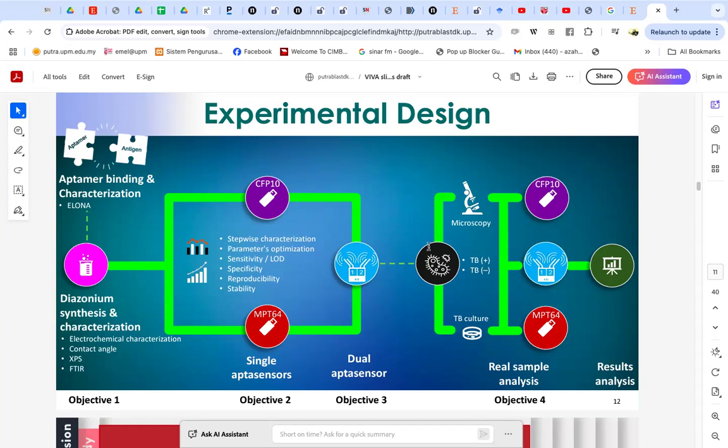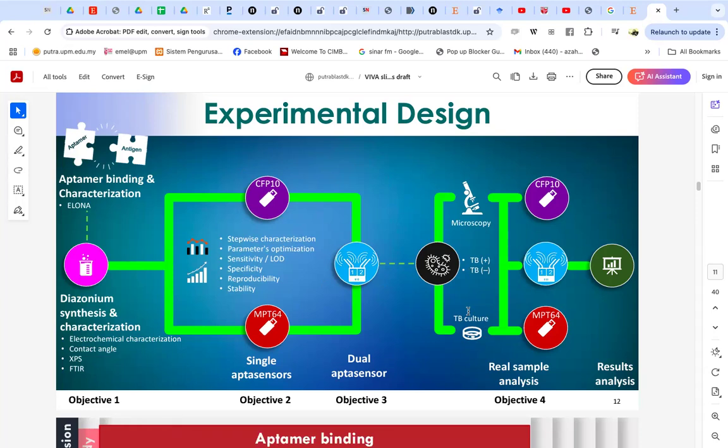In this case for TB, the standard technique is microscopy and culture-based. That means the same sample from the patient is subjected to our sensors, and at the same time is run by the hospital using microscopy and culture. So we need to compare. We need to do the correlation study. Remember the word correlation from statistics. Okay, we do a correlation study between this sensor and the standard method.